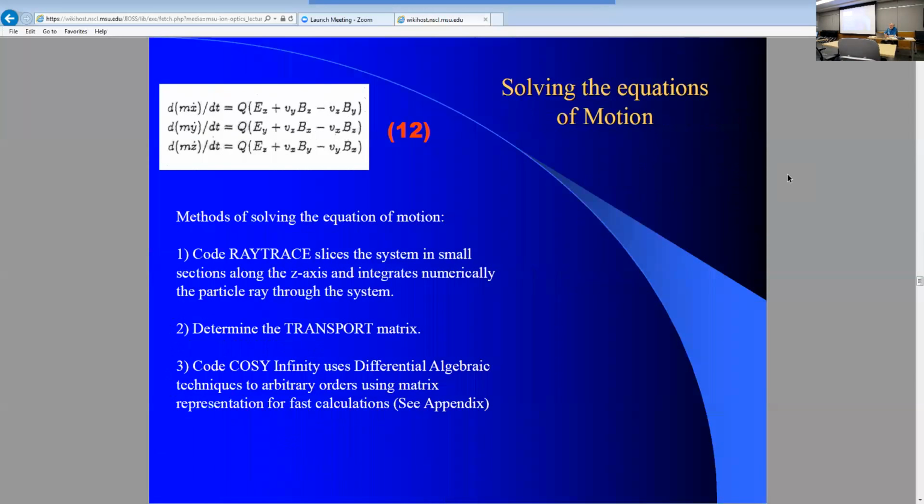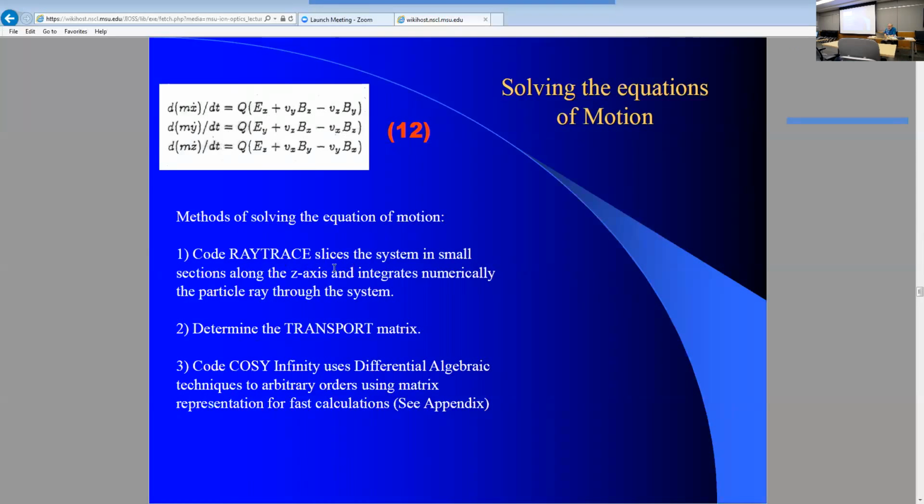The solution of the equation is not what we are dealing with here. Just to mention, you can of course solve the movement of a ray through a system. You can use ray trace, which uses small slices to integrate through the whole system.